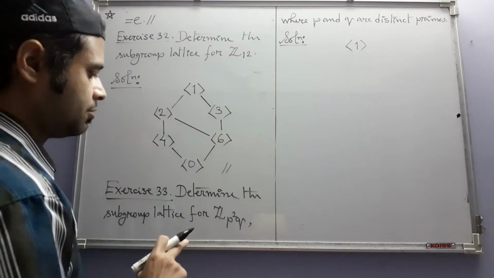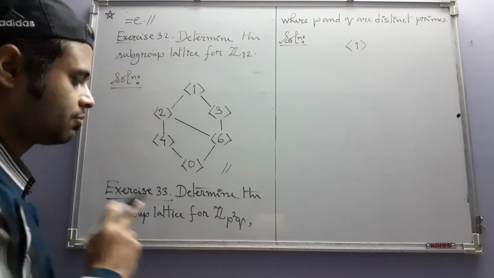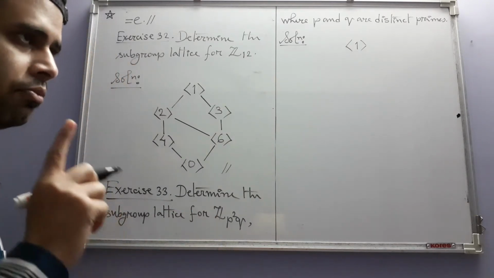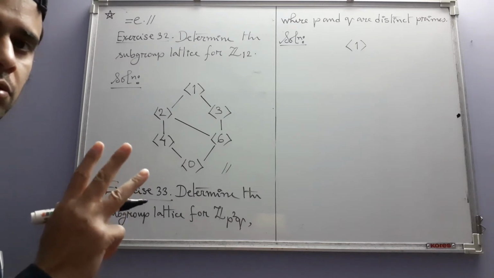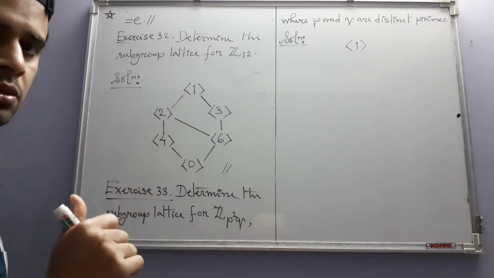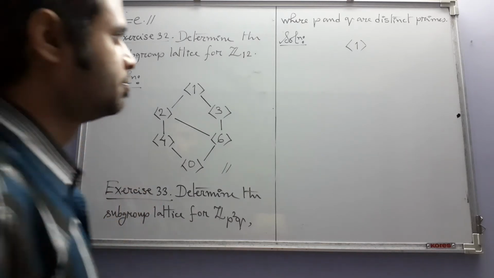Just like 12, the positive divisors of p square q are 1, p, q, p square, pq and p square q.